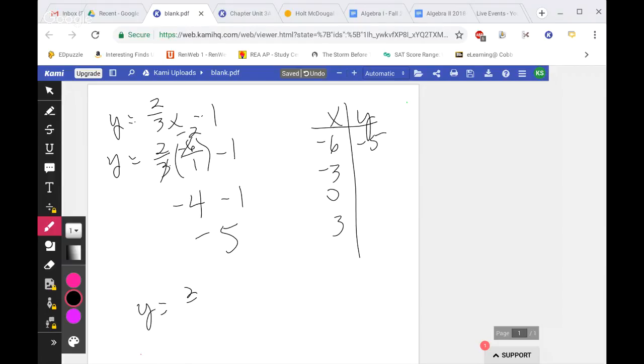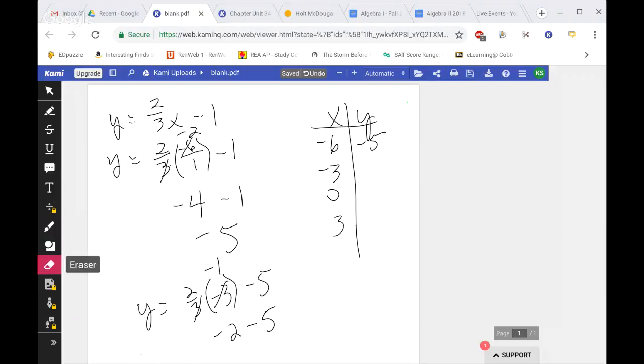And then I've got y equals 2/3 x, or -3, minus 1. Simplify before you multiply. So that's 2 times -1. That's -2 minus 1. Oh, I'm sorry.